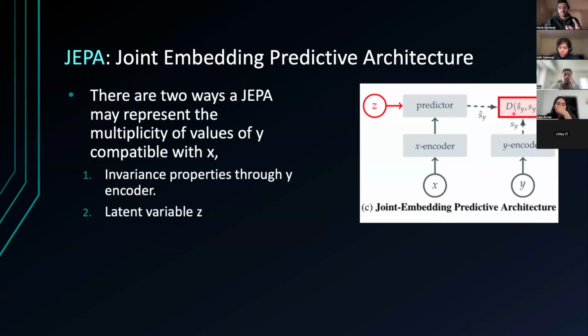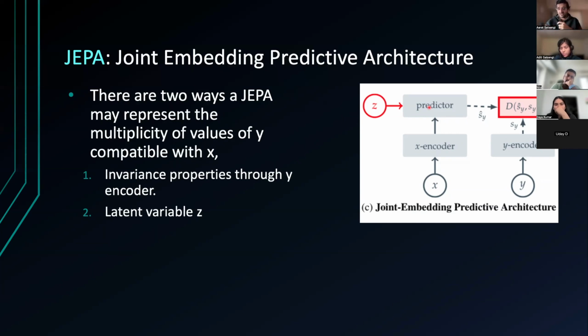The procedure of going from here to here is a bit complicated. It's not just straightforward that you are doing a forward pass. Because you have to minimize for z, this predictor network has to have minimization steps right here. You can have, let's say, gradient descent working on just this part of the network with a constant x and y, to minimize the energy function with regards to z.